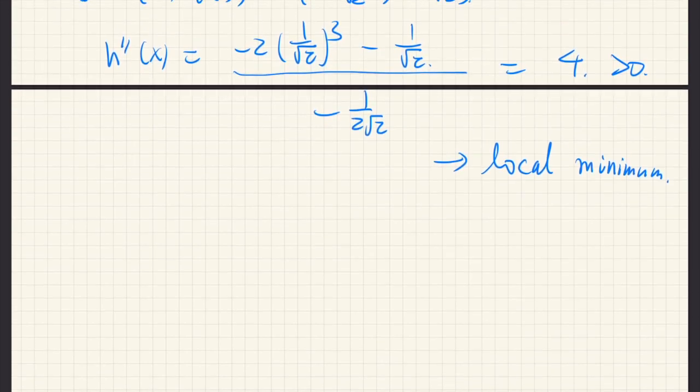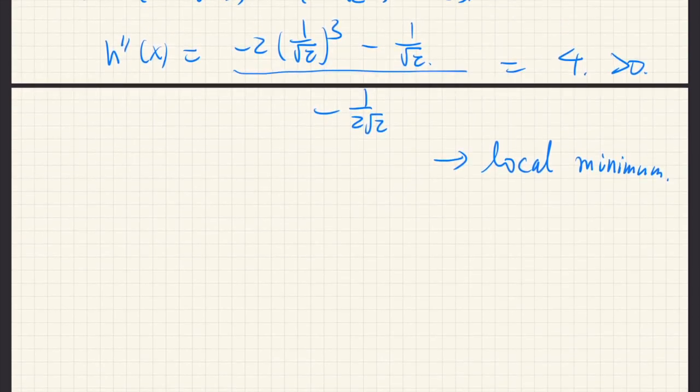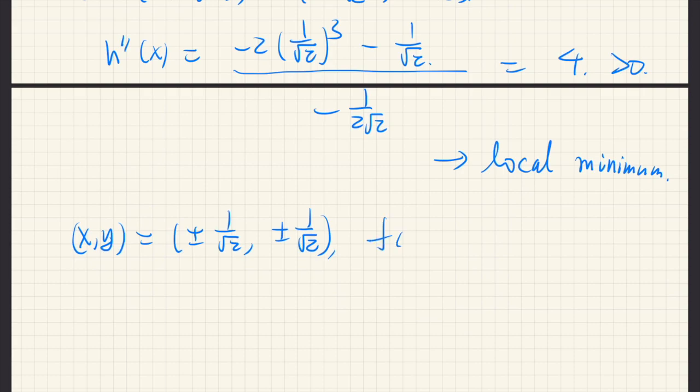So let's summarize. We have x, y equal to plus minus 1 over square root of 2, plus minus 1 over square root of 2. By the way, what's the value of f of x and y at this point?